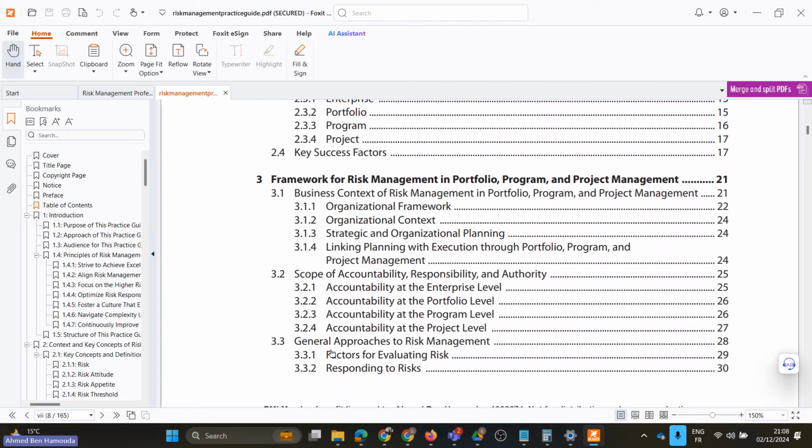Okay. Then the framework for risk management, the business context of risk management in portfolios, programs, and project management, organizational framework, organizational context, strategic and organizational planning, linking planning with execution on these different levels, scope of who's accountable, who's responsible, and the authority level on the enterprise, the portfolio, the program, the project level.